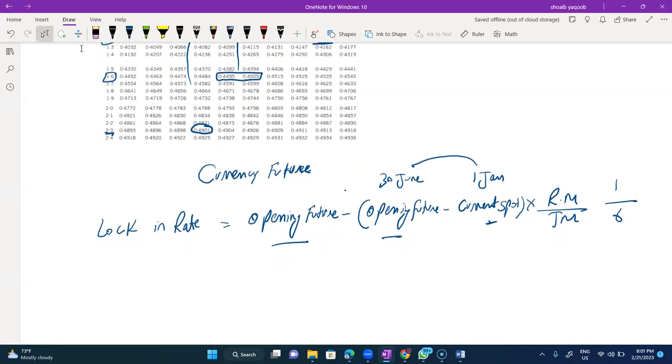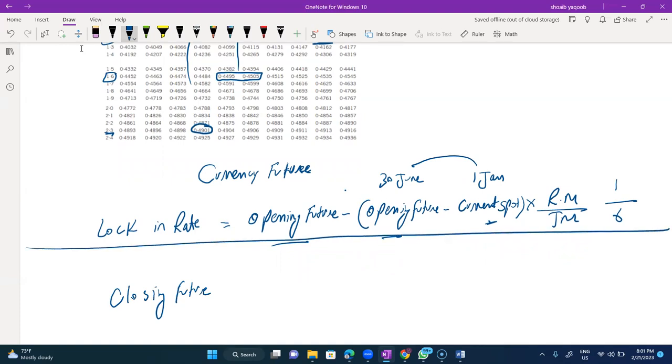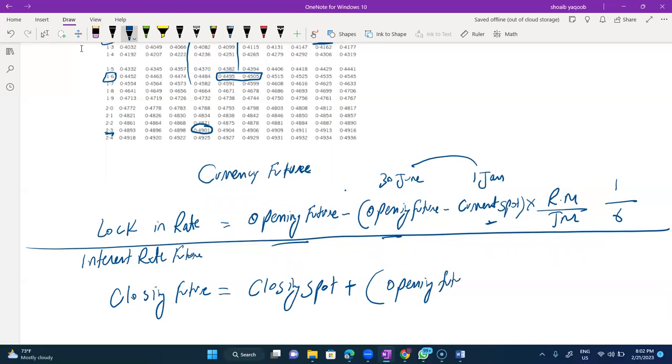What about the closing future? Closing future will only be calculated in interest rate future. Only in interest rate future. Its formula will be closing spot plus opening future minus current spot into remaining months divided by the total months.